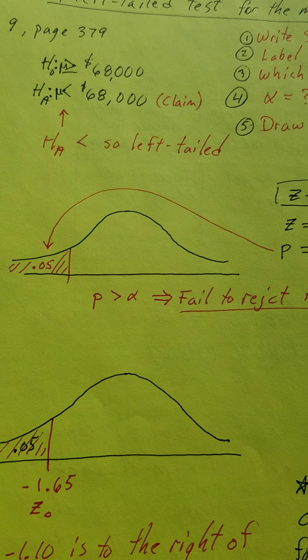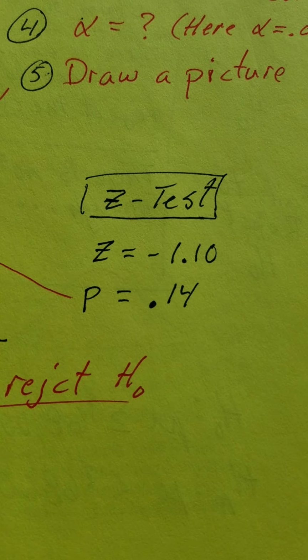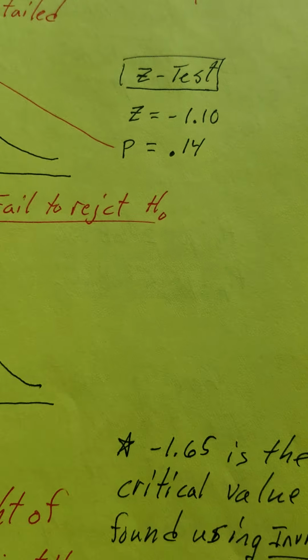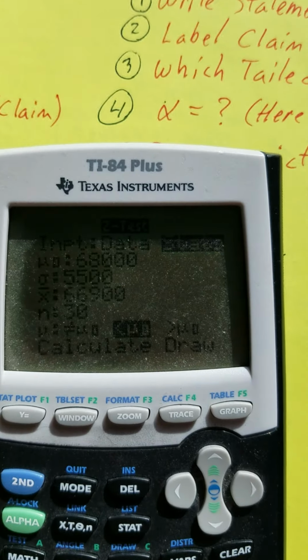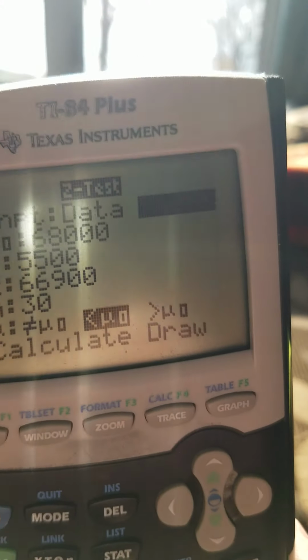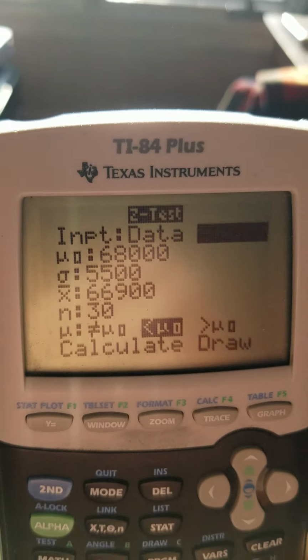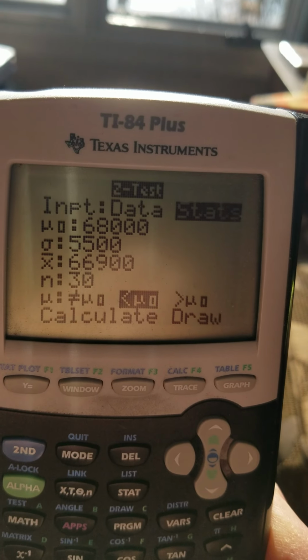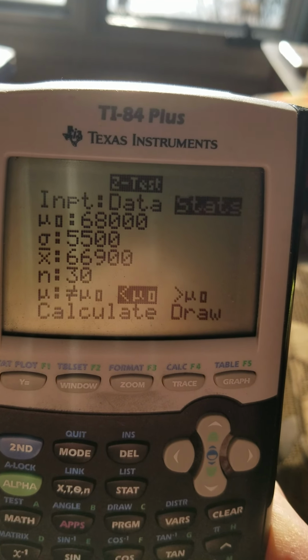Okay, so then you run a test, and what you do is you do a z-test. Okay, what does that look like on your calculator? Hopefully you can see this okay. Okay, there's what the numbers look like. Z-test.